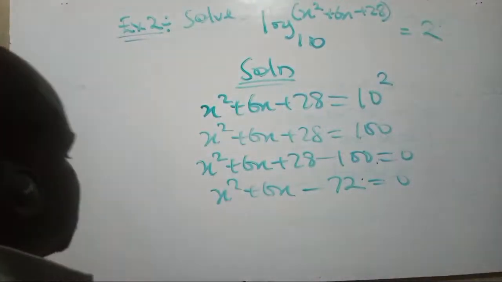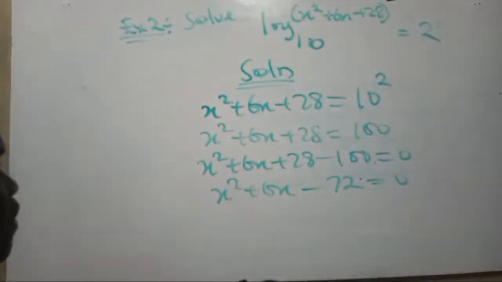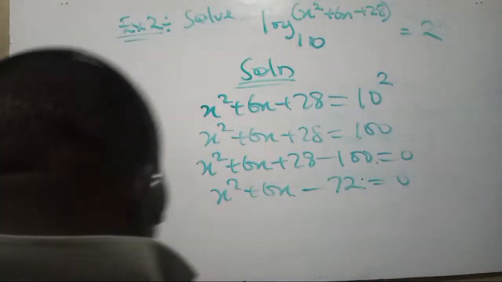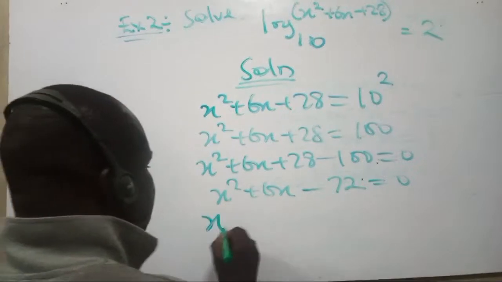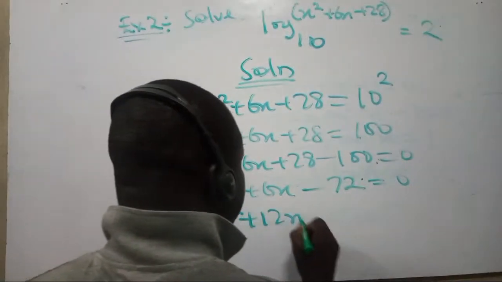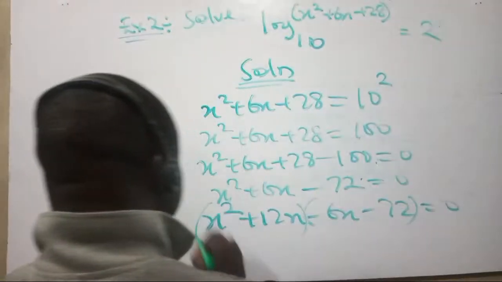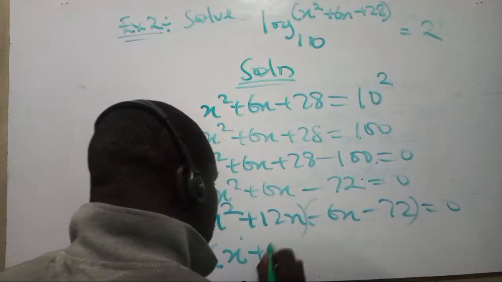At this stage, we have gotten a quadratic equation, and it is factorizable. What are the two factors of minus 72 that will give us plus 6? That will be 12 and minus 6. So I will express this as x squared plus 12x minus 6x minus 72 equal to 0. So I'll do the grouping. x is common, I bring out x, and I'm going to have x plus 12.